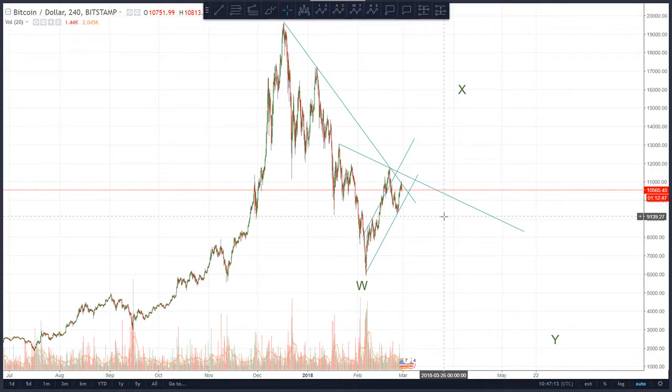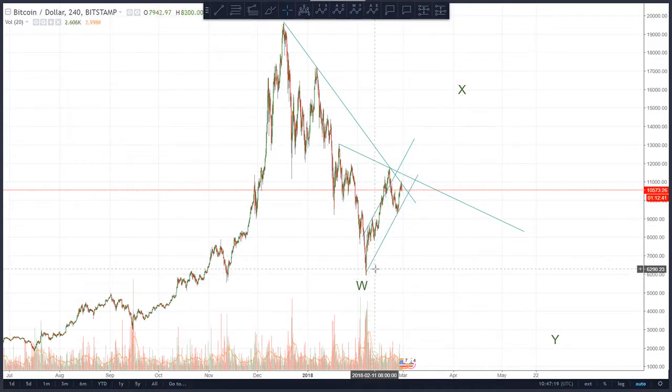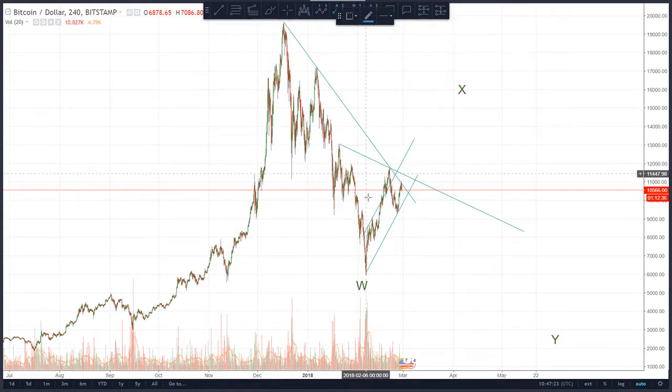Alright, so if this is the X wave, what I'm expecting is an ABC move up, in this kind of fashion.